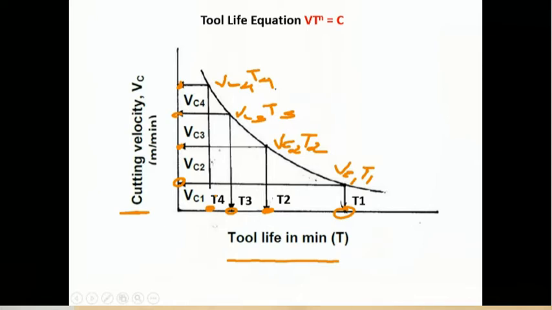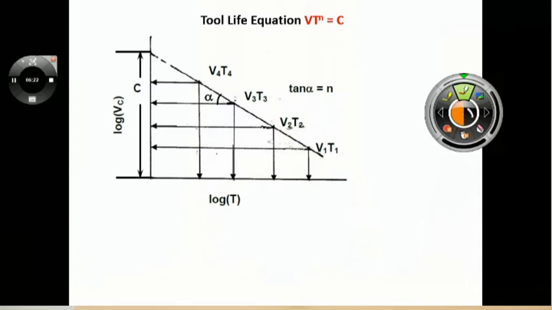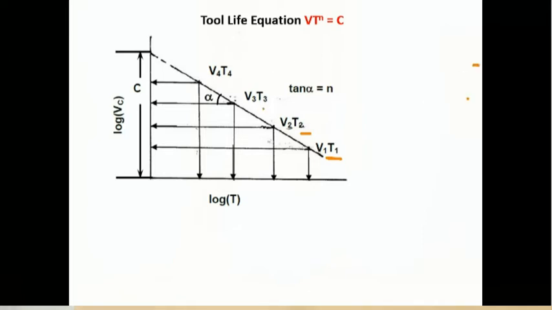Now, if the combination of these cutting velocities and tool life are plotted on a logarithmic scale, then you will get a graph like this, that is a linear line. So this is the combination of V1 T1, V2 T2, V3 T3, and V4 T4.